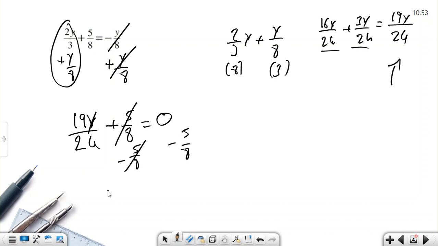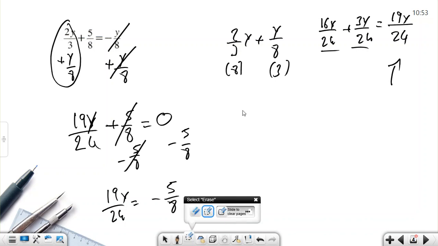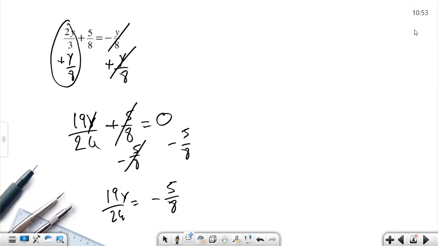This will be 0. 19y over 24 is equal to negative 5 over 8. Now we don't have any constant number. I will write again, let me check. 19y over 24 is equal to negative 5 over 8.